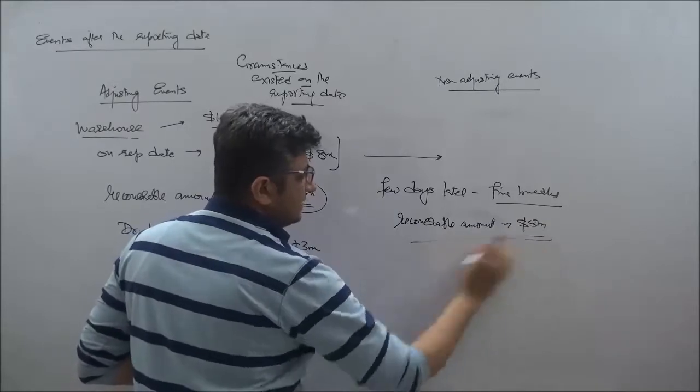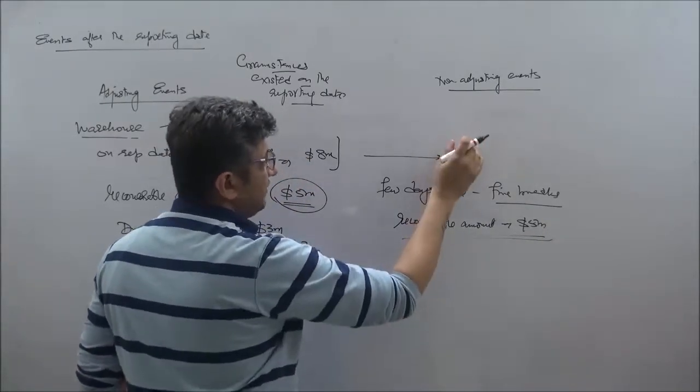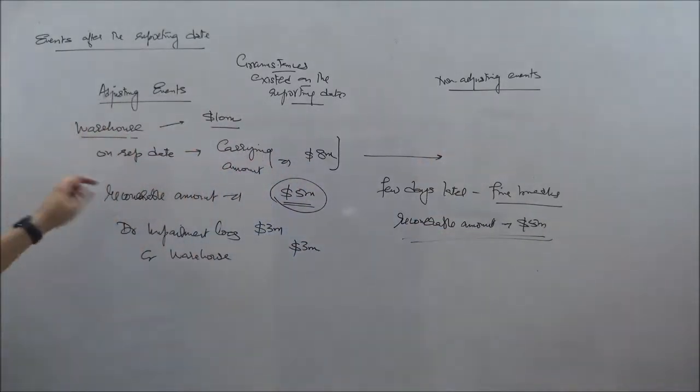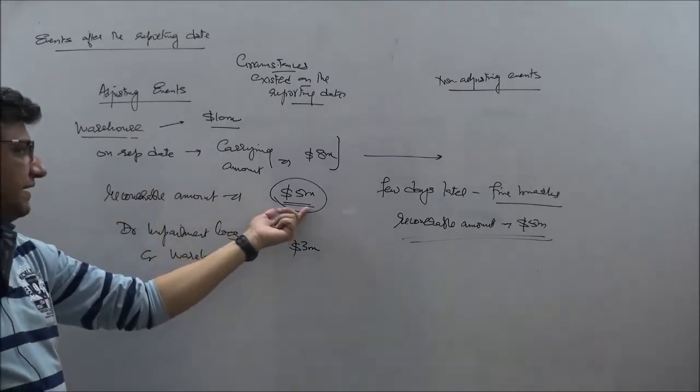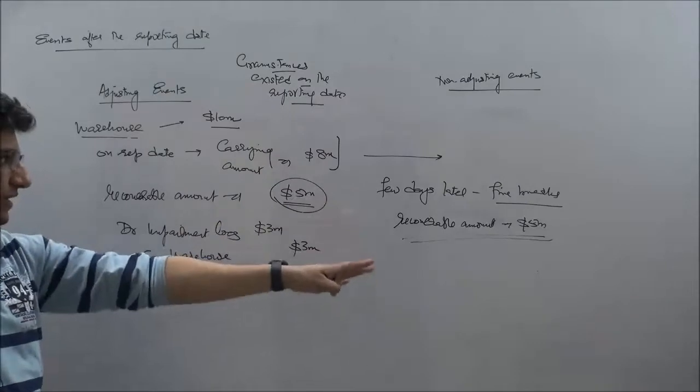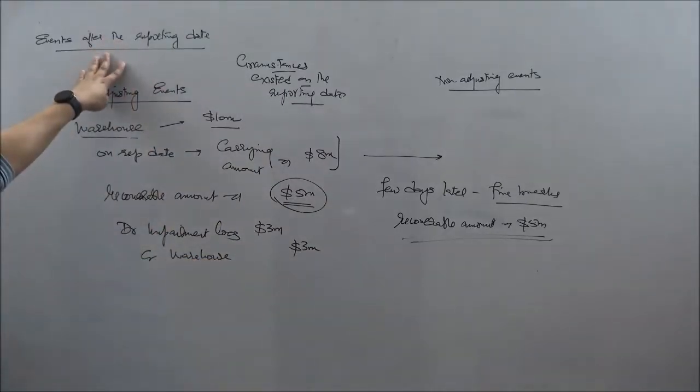When has this instance happened? After the reporting date. In fact, even in the first case, the recoverable amount was identified at $5 million after the reporting date. That's the reason why it's an event after the reporting date.